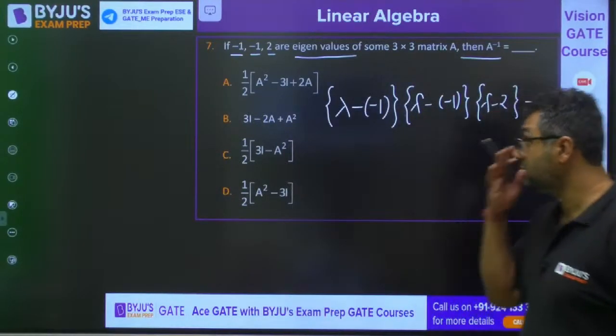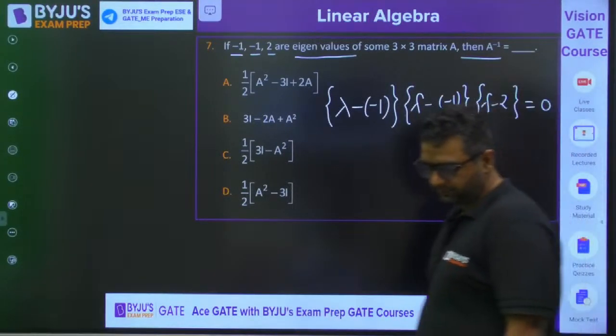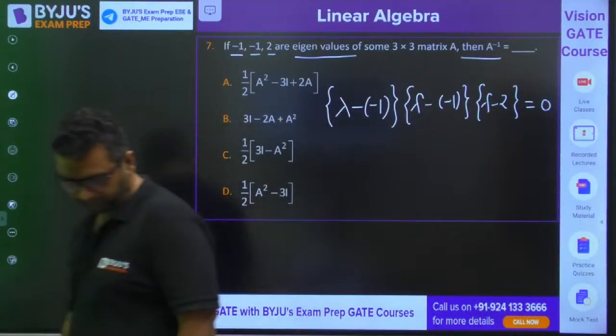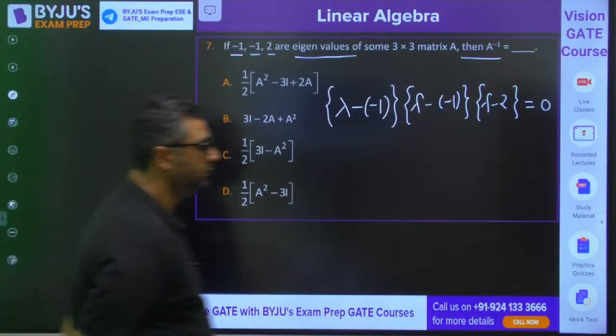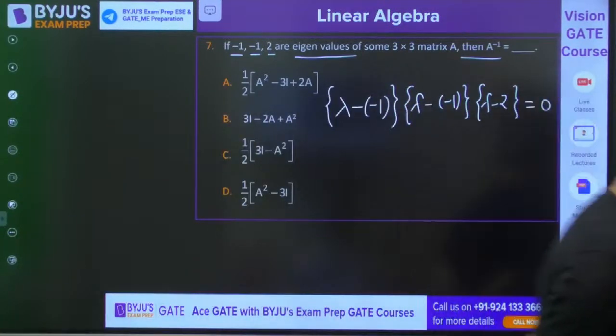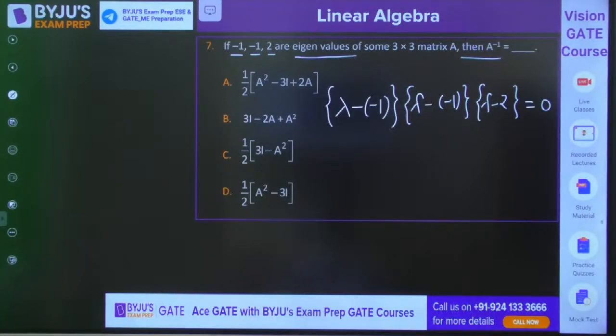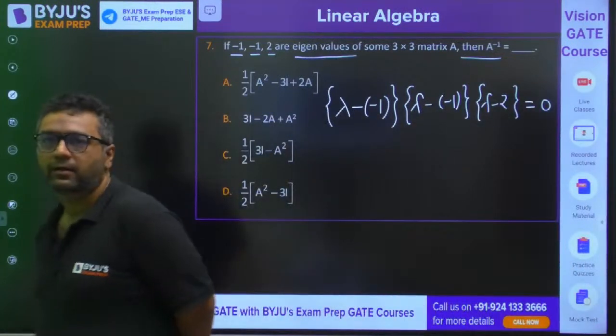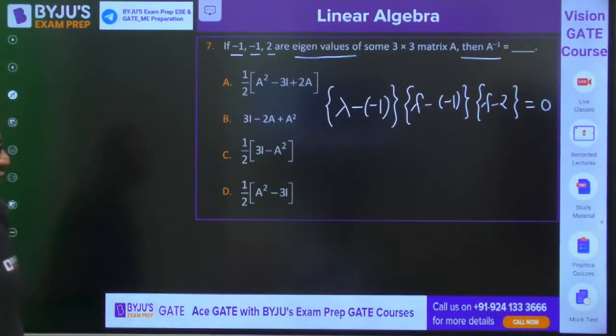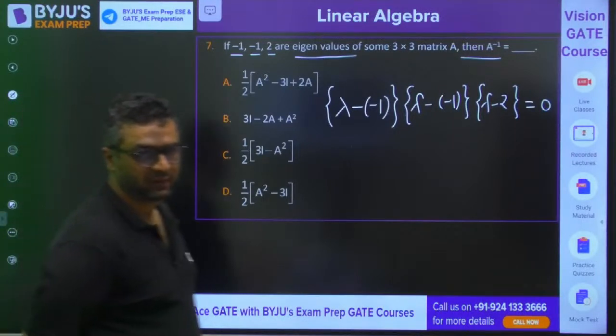Solve this one, guys. Solve this. After that, we have some questions from system of linear equations as well.